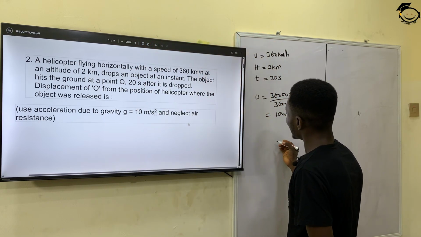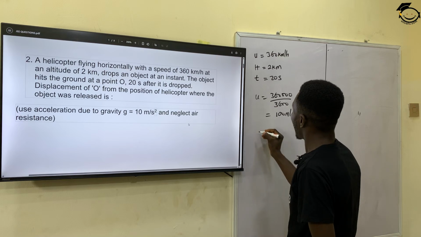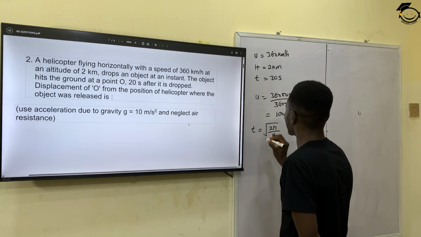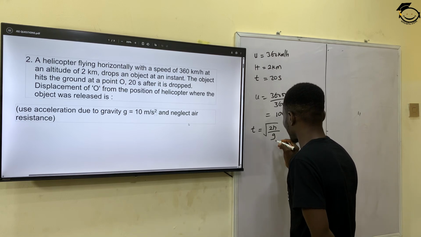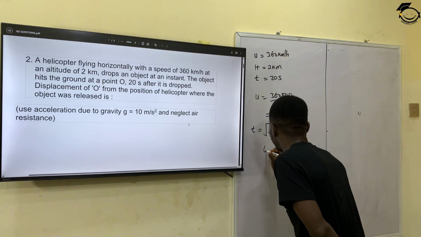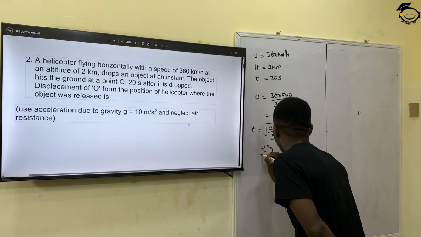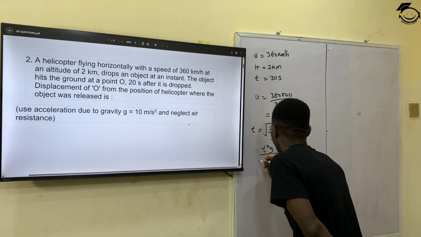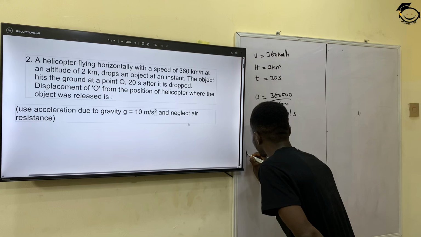And then we know that our time taken is given by the square root of 2h over g, which is the same as saying that h is equal to t squared g over 2.